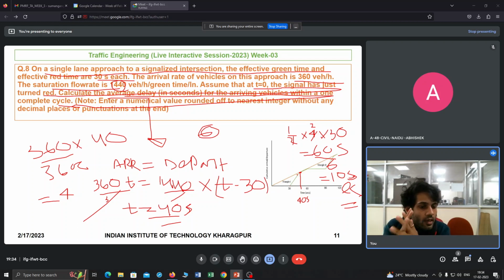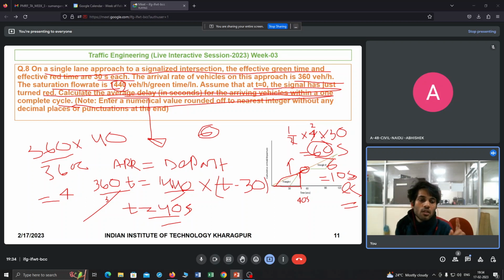If your arrival rate and departure rate are equal, meaning 5 vehicles are coming and 5 vehicles are leaving, will there be delay due to that particular signal? No, right? So from that portion onward there will be no delay. Delay will occur at this portion only, which comes out to be 60 seconds.